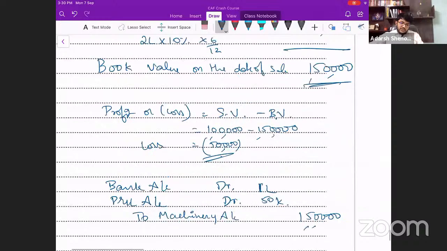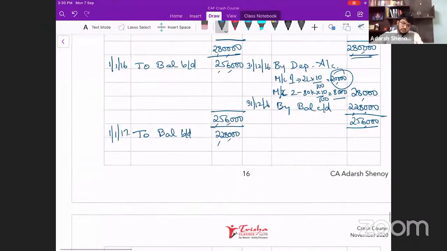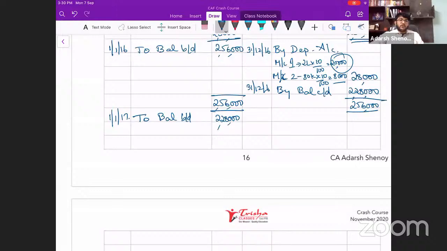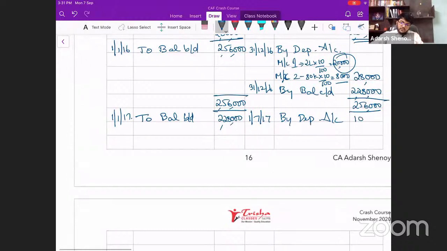Let's just post these entries over here. Before that, we have to charge depreciation for how many months on that asset? For 6 months, you have to charge depreciation. So let's charge that depreciation also, by depreciation account. For 6 months, we're charging depreciation, which is equal to 10,000 rupees. We've already calculated it, but just for the sake of disclosure, we will do it over here again. 10,000.